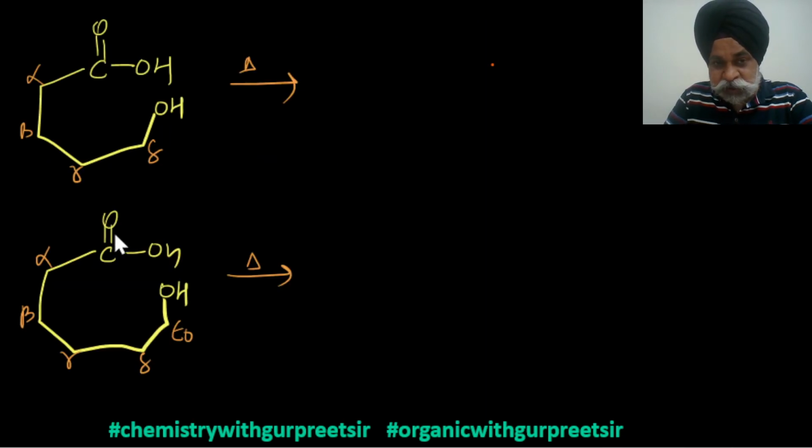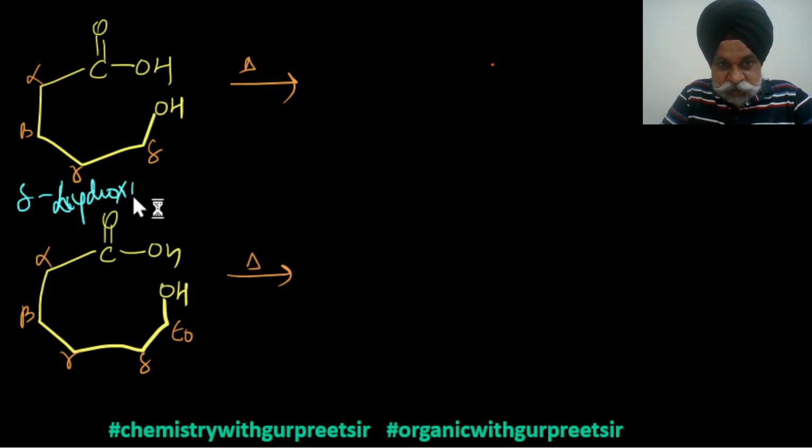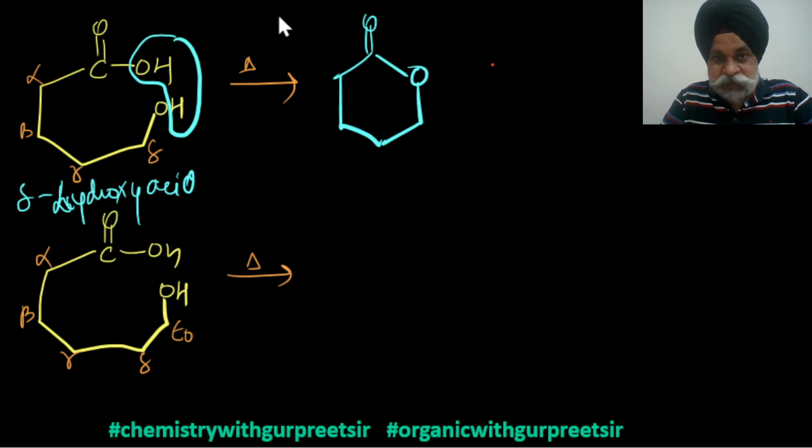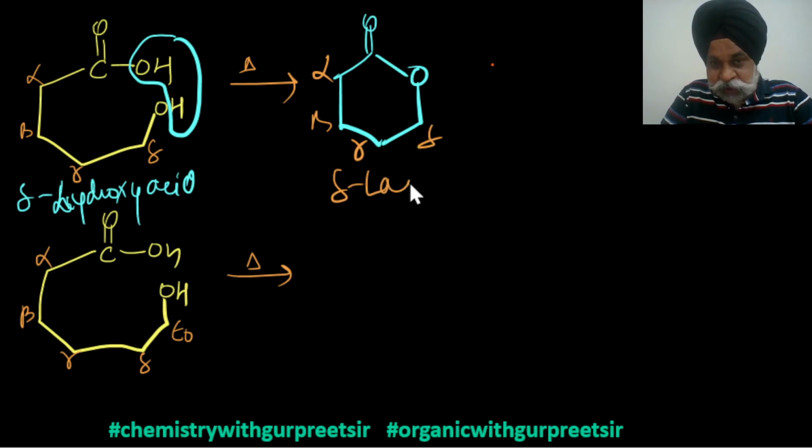Similarly, if you go for delta lactone, from a delta hydroxy acid, you would again get the same viewpoint. You would get a compound which we would say as alpha, beta, gamma. So this is delta lactone.